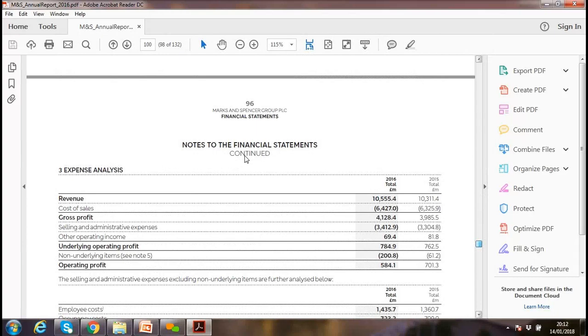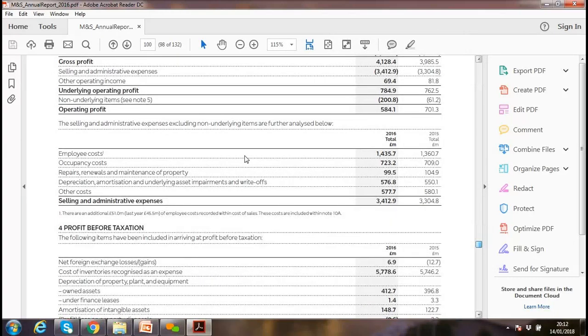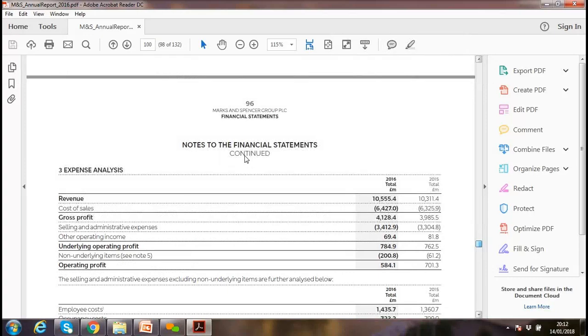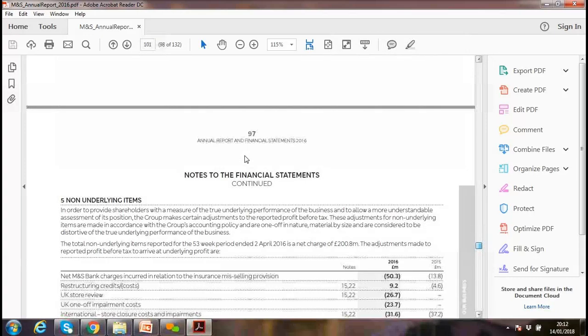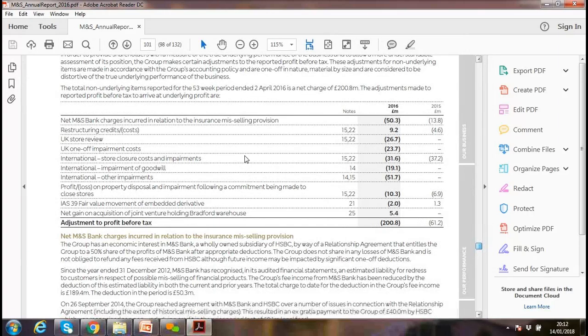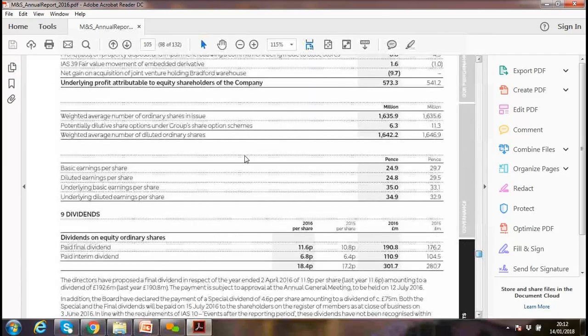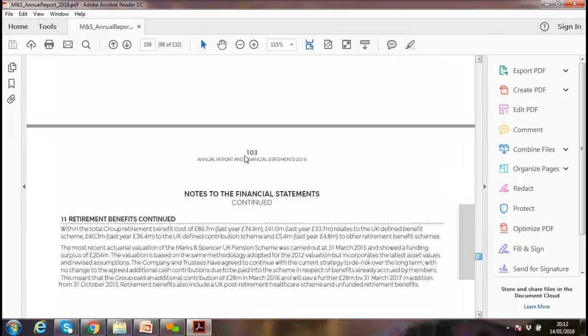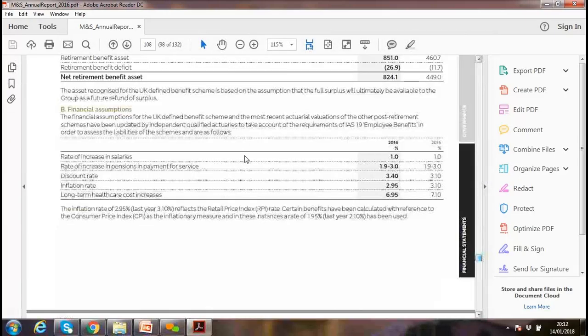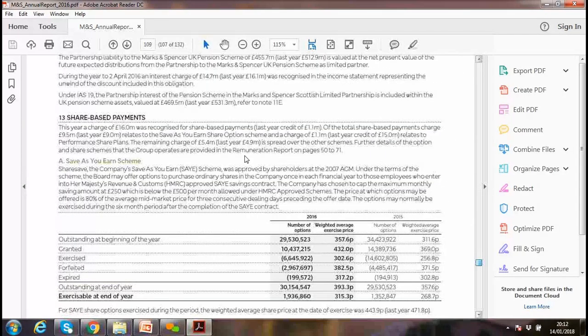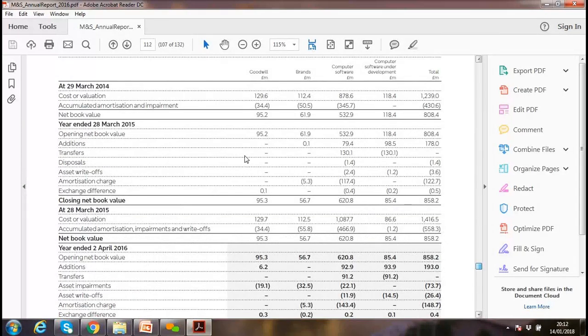We'll say financial statements. This is the income statement, which shows revenue, cost of sales, and gross profit. Then we have a balance sheet, which shows all our assets and liabilities.